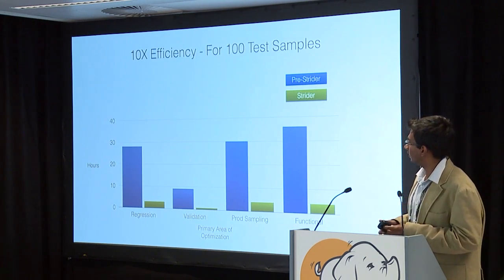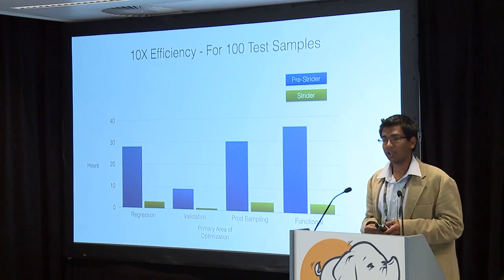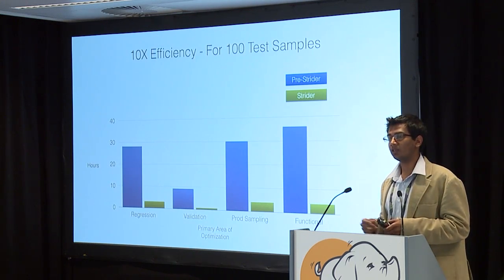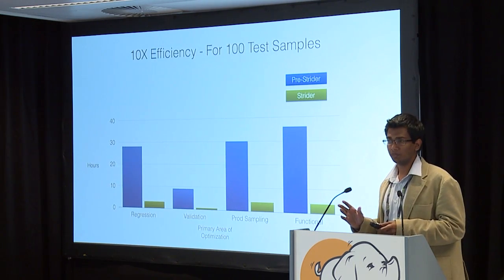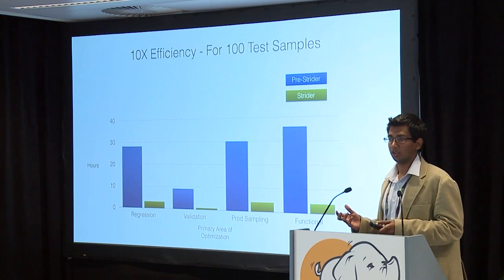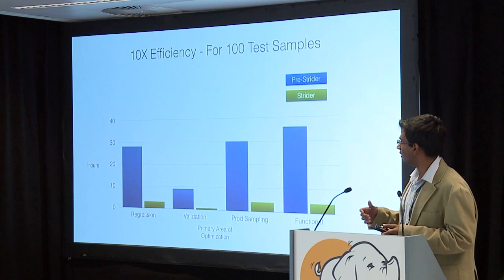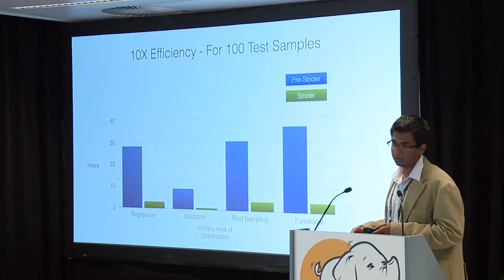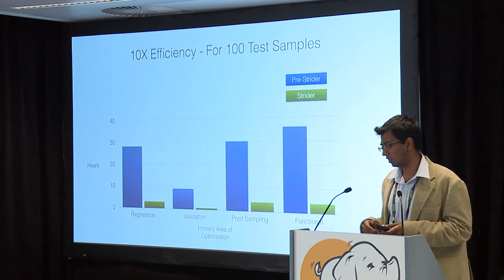So, these are some metrics. I would like to say that Strider does not decrease the process runtime, but it decreases the process setup time and the process validation time. Because of that, we are able to achieve this efficiency.